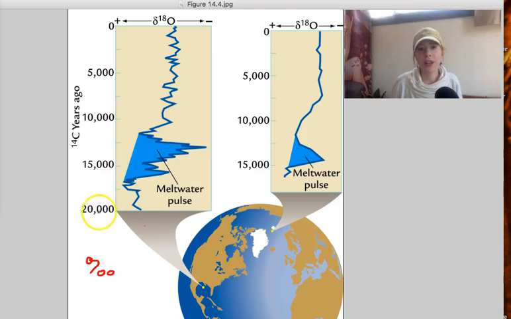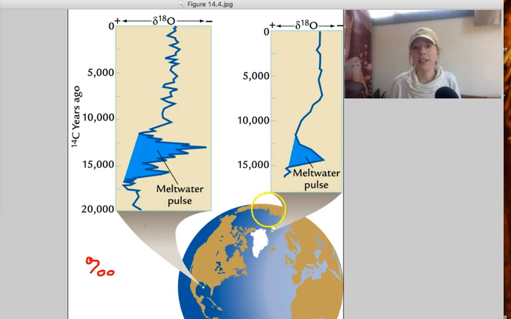And what we're seeing here is the bulk of these meltwater pulses between almost 18,000 and say 13,000 years ago, right? So that's where you see this departure towards the right here. So these lighter oxygen isotopes were available.